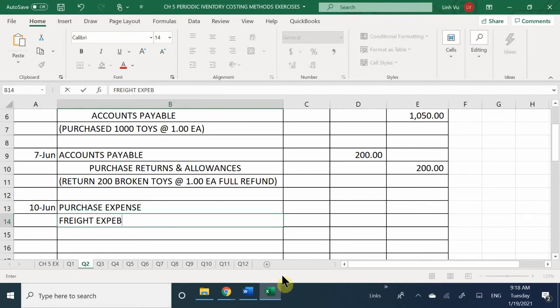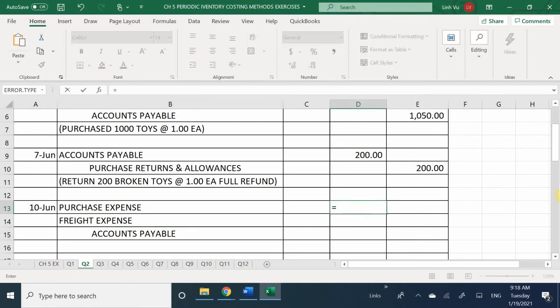I'm sorry, I'm having a difficult time typing today. All right, and accounts payable. So how much is my total purchase expense going to be? $1,062.50. Okay, so here, because we have Excel, you can actually just type in the formula here, and it can populate for you as well.